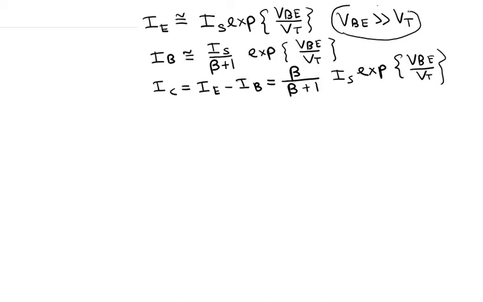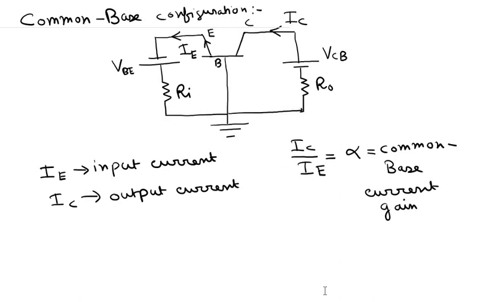Okay, so now let us see the characteristics of the common base configuration. When we say the characteristics of the common base configuration, we mainly plot the collector current versus this voltage source VCB, because VCB is the voltage source that produces the output current, which is the collector current in this case.